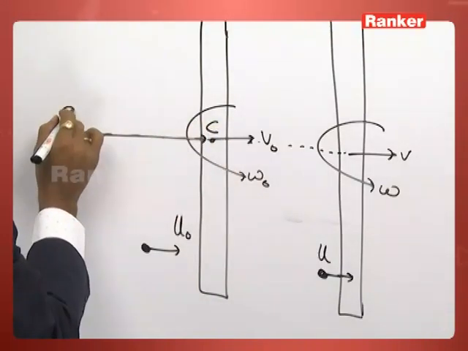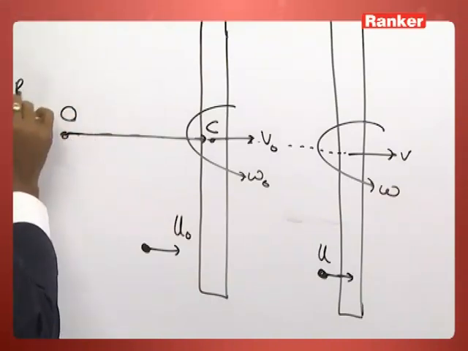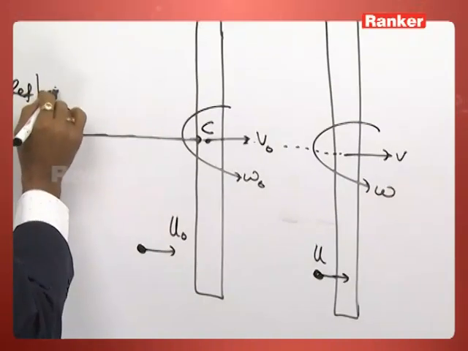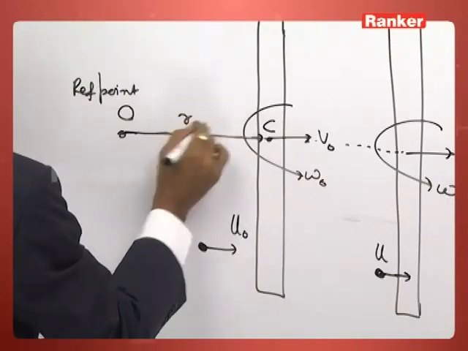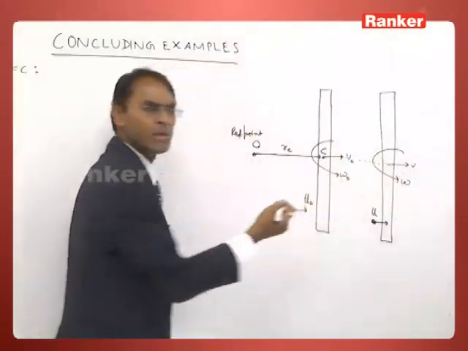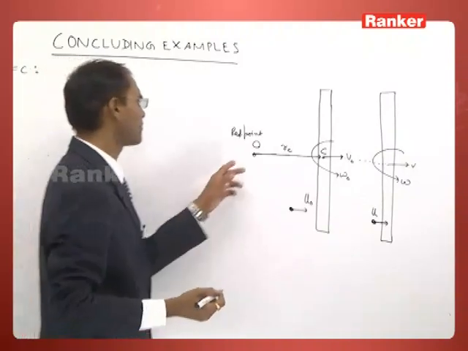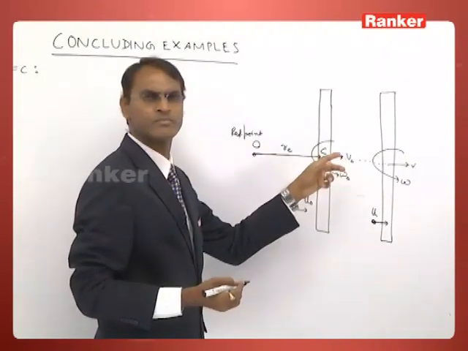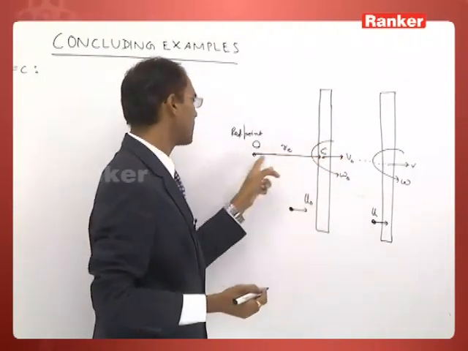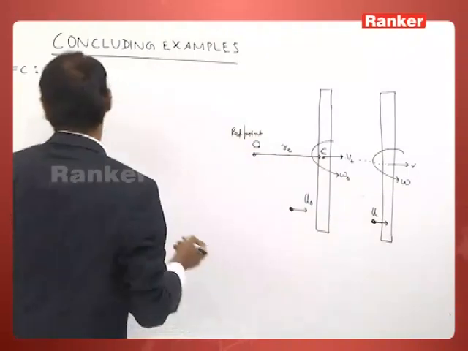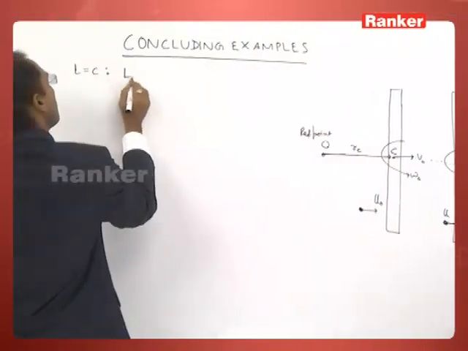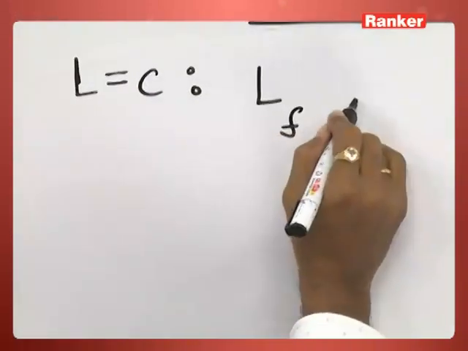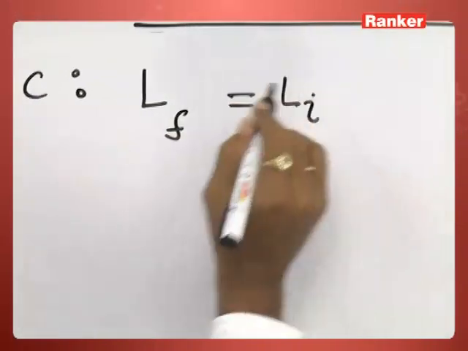Let the center of mass of the rod be the reference point. Then R_C cross V_C will be equal to 0, so we only need to write the spin angular momentum of the rod about this point. Final angular momentum is equal to initial angular momentum.